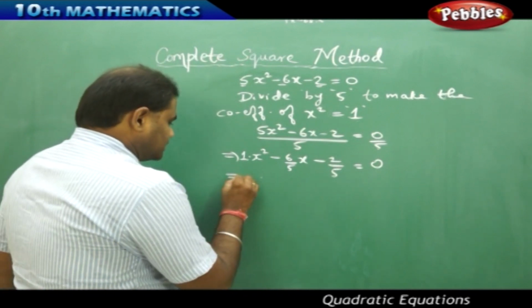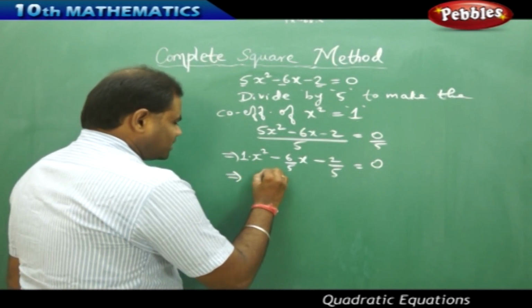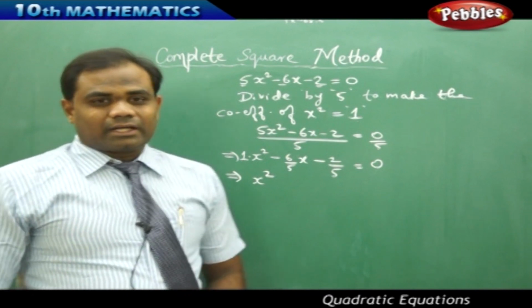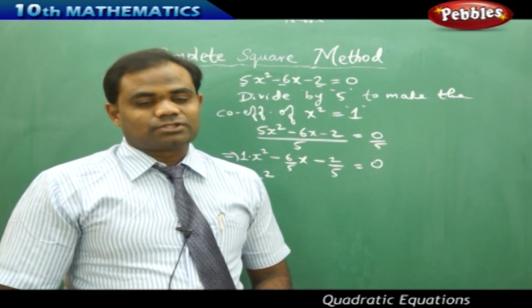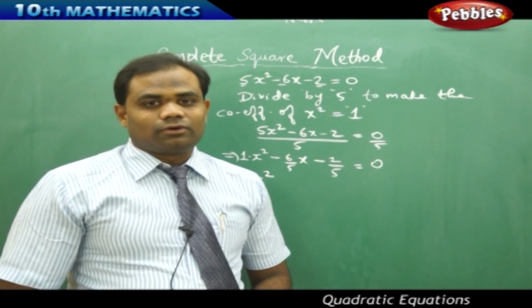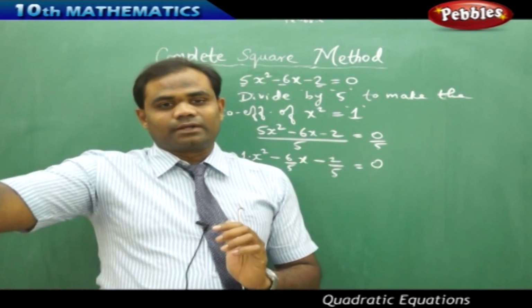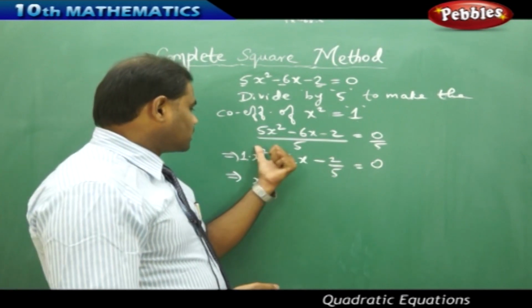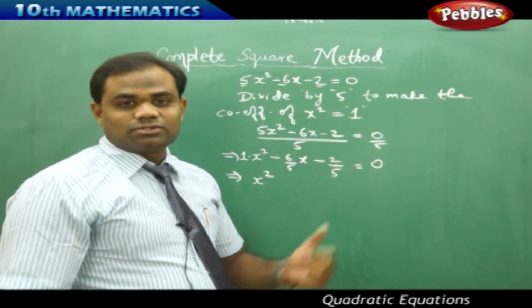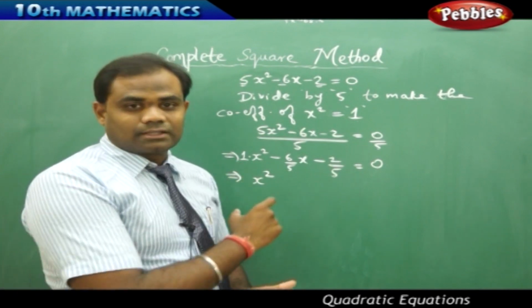So when I clearly see this is in the form of a square, I can convert using the formula a minus b whole square as a square minus 2ab plus b square. Therefore, in order to get a minus b whole square, I need to see that this reduces to the form a square minus 2ab plus b square, which is the target out there.